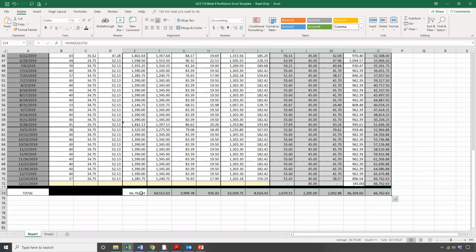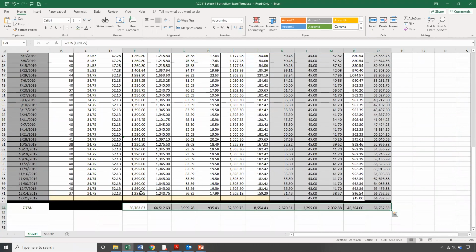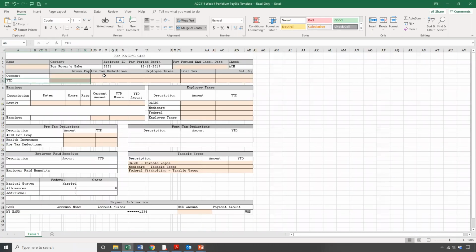All right, so you're going to be able to use that information for her payslip. So use those. Your pre-tax deductions, we talked about those that are in the template already. There's the pre-tax deduction in there. Employee taxes that are filled out, any post-tax deductions that are done, and then what the net pay is. And again, the first line is current, the second line is year-to-date.